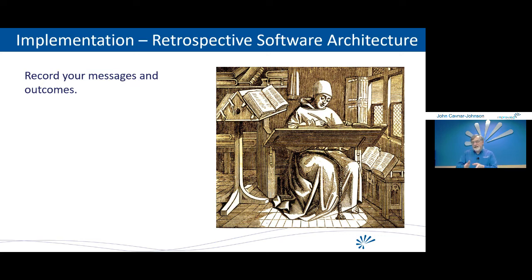Most business people are really interested in orders and invoices and payments, payments sent, payments received, all that stuff around money, and maybe for some organizations it's client satisfaction. But all of the information your system has, if you've designed your system the way I've been talking about, is going to be in your messages and in your outcomes.